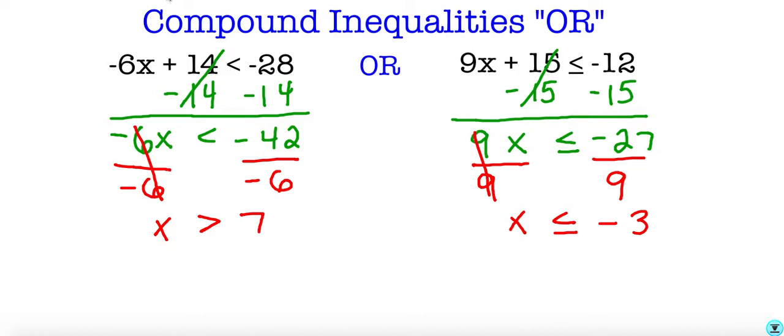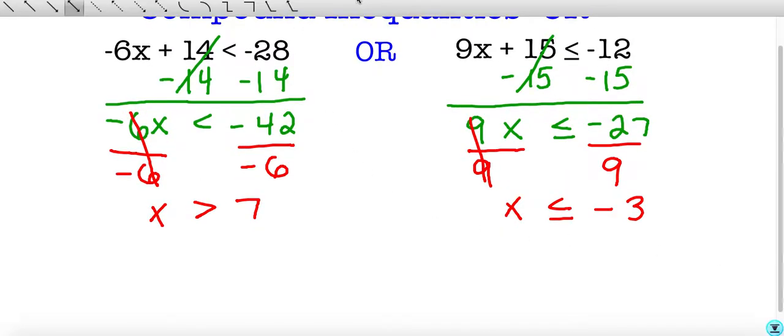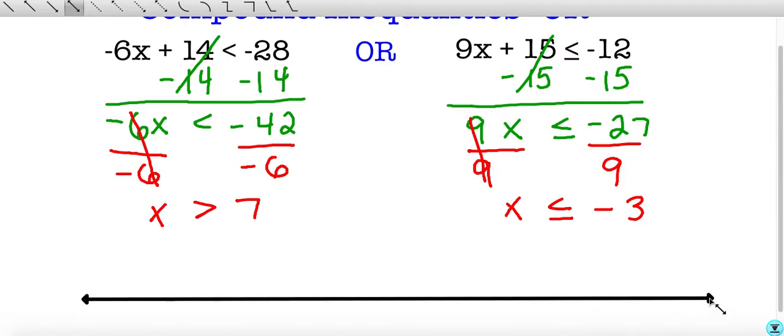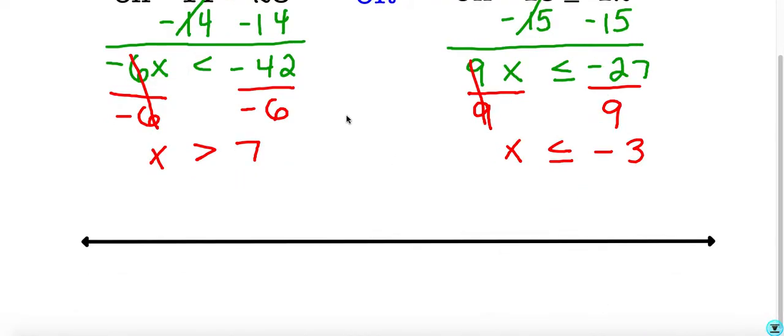So here we have two inequalities. We have x is greater than 7 and x is less than or equal to negative 3. And before we do anything else, let's see what that looks like on a number line. So I'm going to start my number line with negative 3 to make it easier.